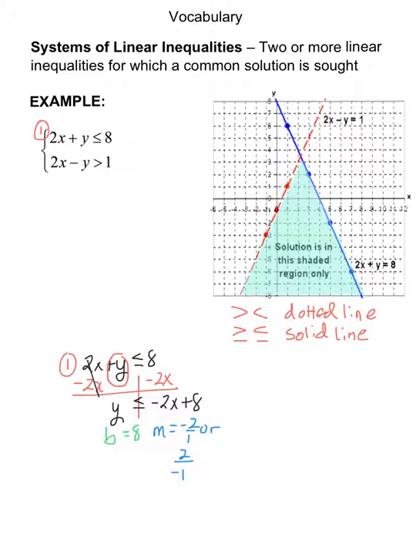And so you can see how this was graphed right here starting at 8, and we went down 2 to the right 1, down 2 to the right 1, and so forth all the way down. Because we have an equal to sign here, we have a solid line, and our shading, because our inequality is less than, our shading needs to be below.